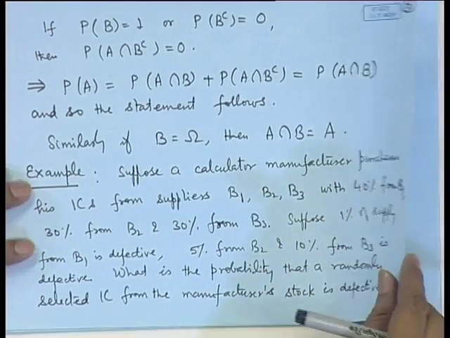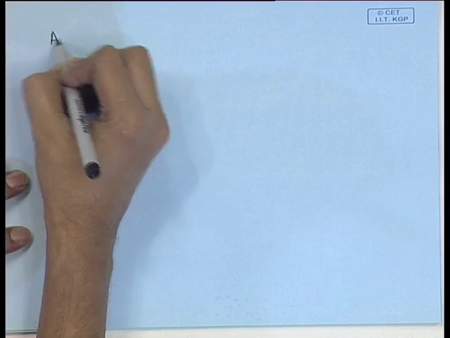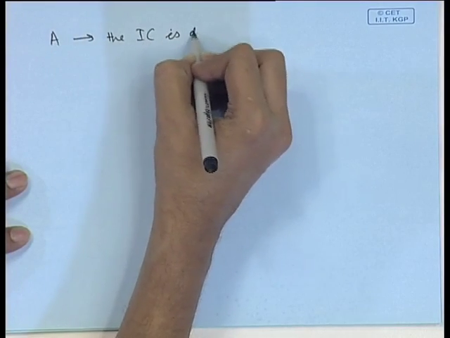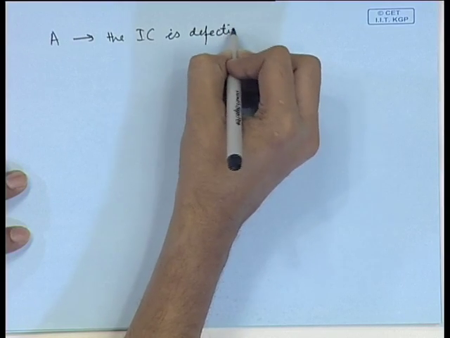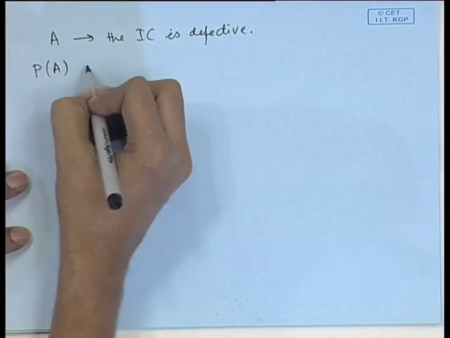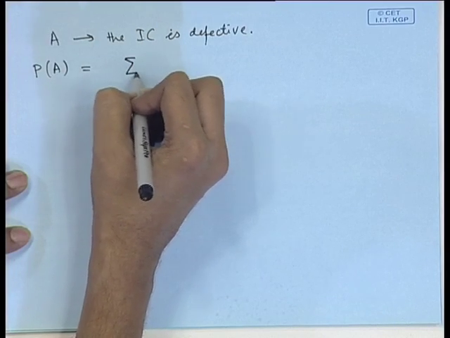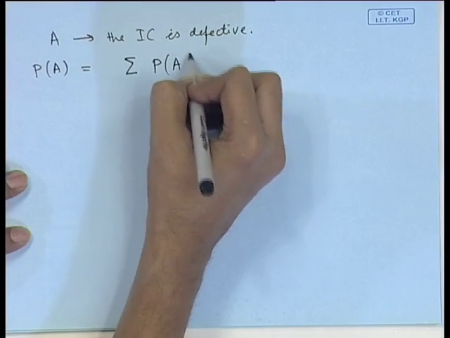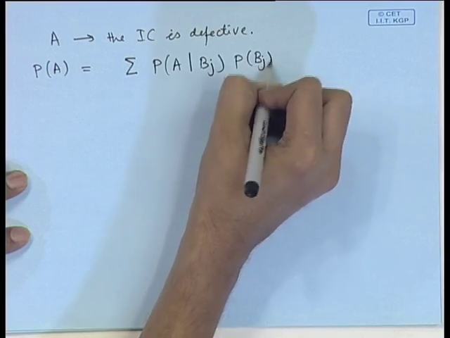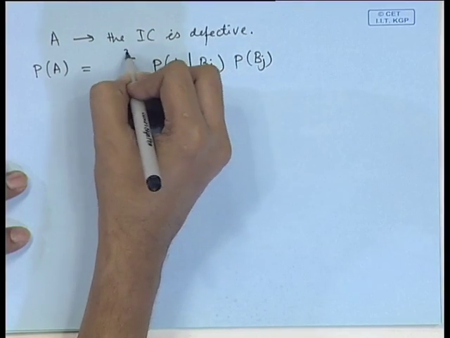Now, here if we consider the event say A, that the IC is defective, then probability of A can be represented as sigma probability of A given B j into probability of B j, j equal to 1, 2, 3.